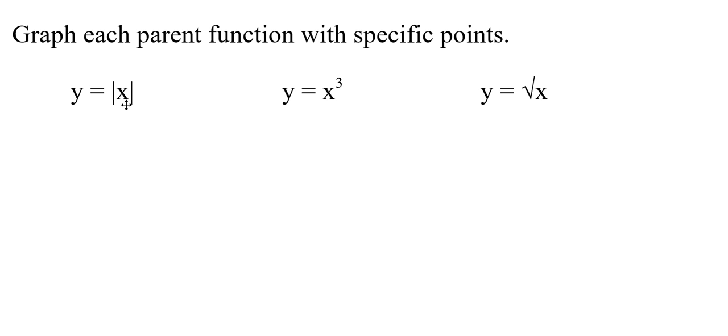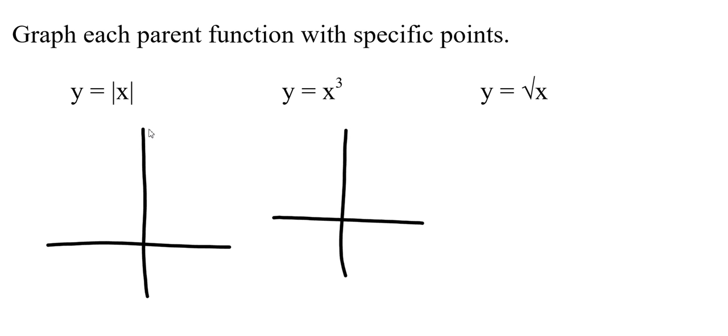So absolute value, we should know each of these functions from previous years. So absolute value, remember that looks like that V shape. And let's plot specific points here. So absolute value of 0 is 0, absolute value of 1 is 1, and so on.